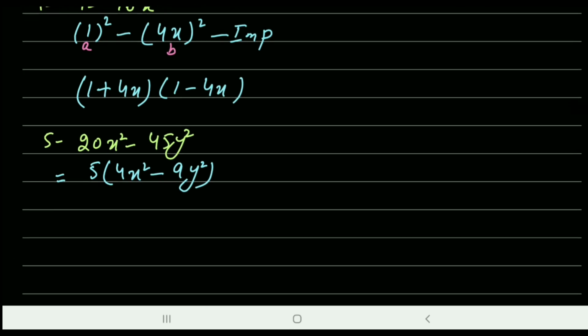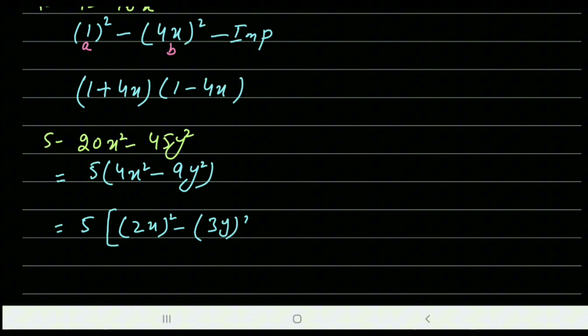We took 5 common here, and now we can also use the formula, because both numbers are square numbers and there is a minus sign in between. So 5 will be left as it is and we will do the bracket steps. 4x square is the square of 2x and 9y square is the square of 3y.